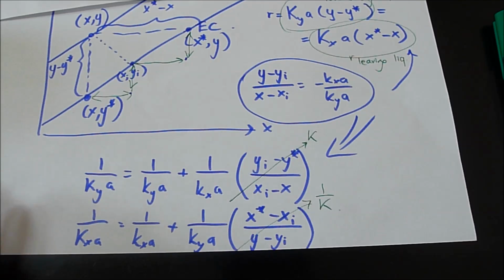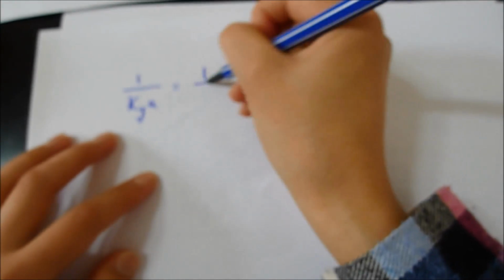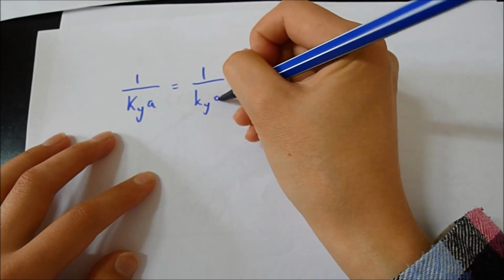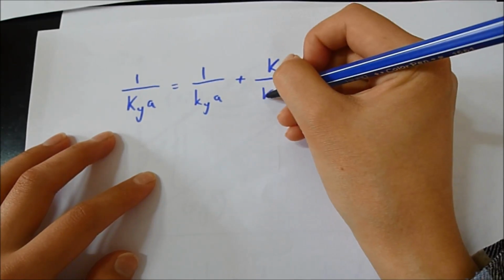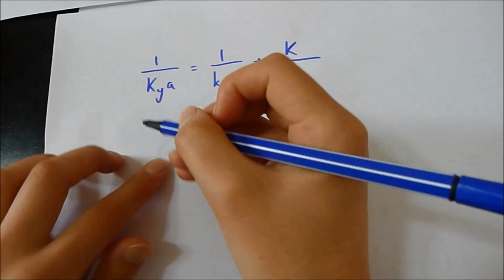So now we can write the simplified version. 1 over big Kya equals 1 over small kya plus big K over small kxa.